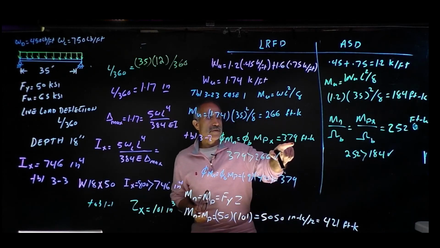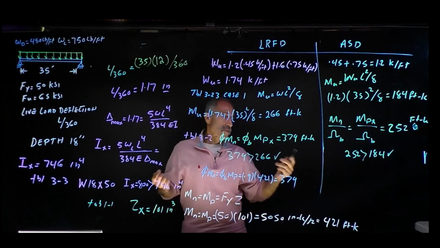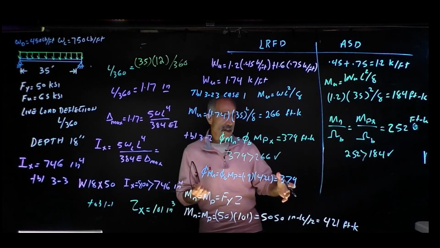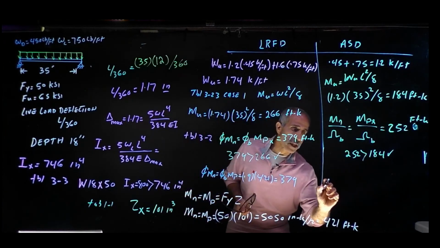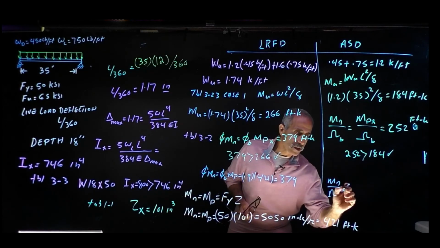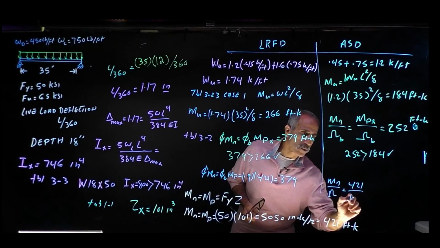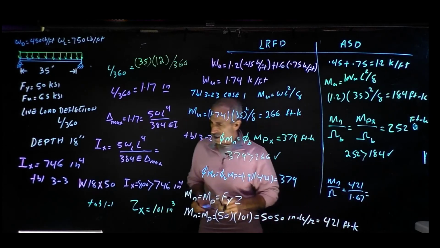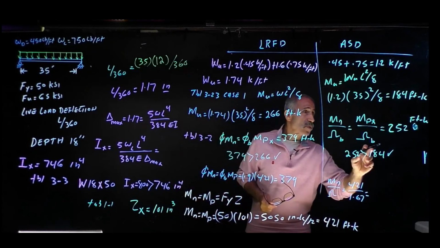That's where we got 379, which is bigger than 266. We're good. So this is just two different ways of calculating it. Mn divided by omega was 421 divided by 1.67, and that should come out to 252.